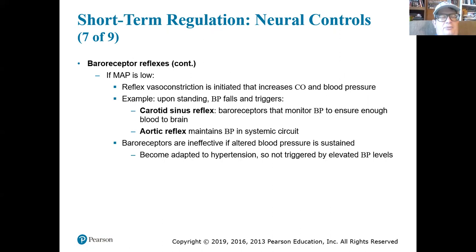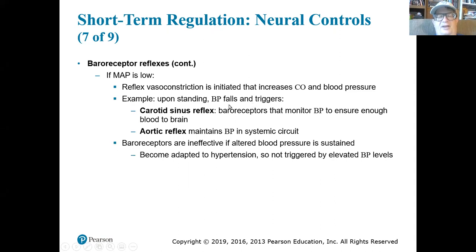If mean arterial pressure is low, pressure too low, we are going to vasoconstrict to raise pressure. It's a reflex vasoconstriction initiated. It increases cardiac output and blood pressure.